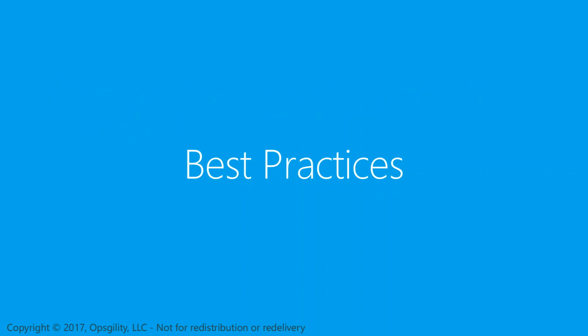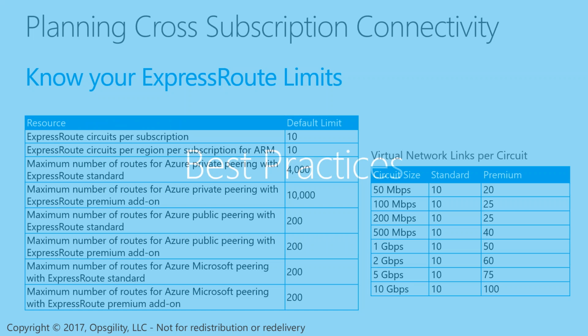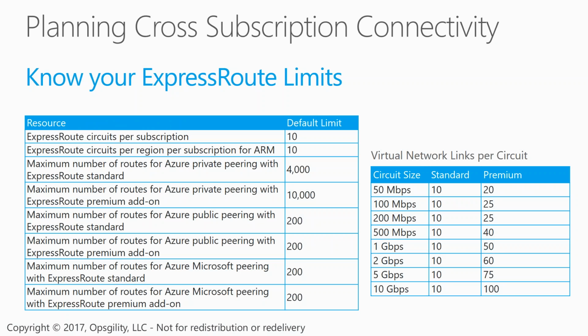We'll cover a few best practices here. So the first thing is whenever you're going to connect virtual networks in different subscriptions, you're going to want to know the limits or what is available in terms of bandwidth and how many links and connections can be created.